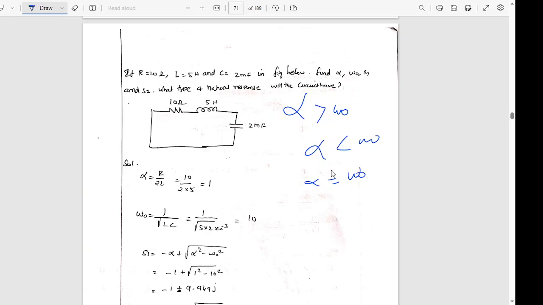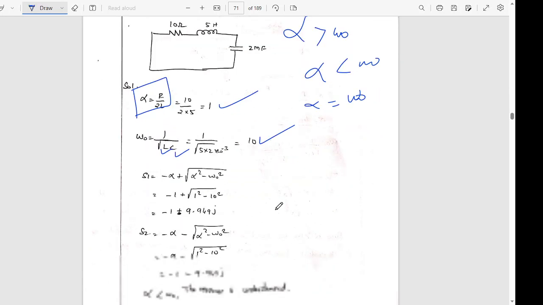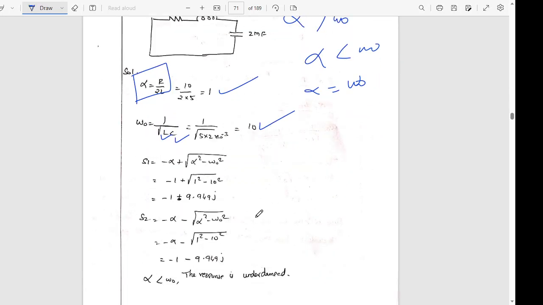We need to remember the formula for alpha: alpha equals R by 2L. Omega naught equals 1 by root LC, which gives 10. Here alpha is less than omega naught, so I can directly say the response is underdamped.